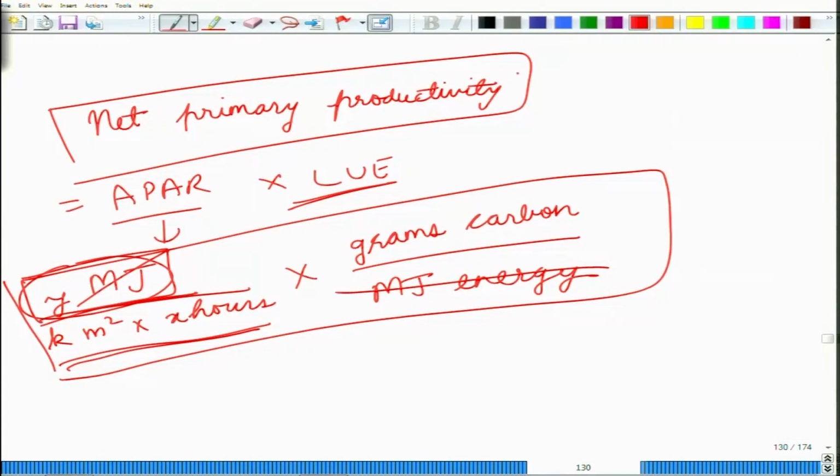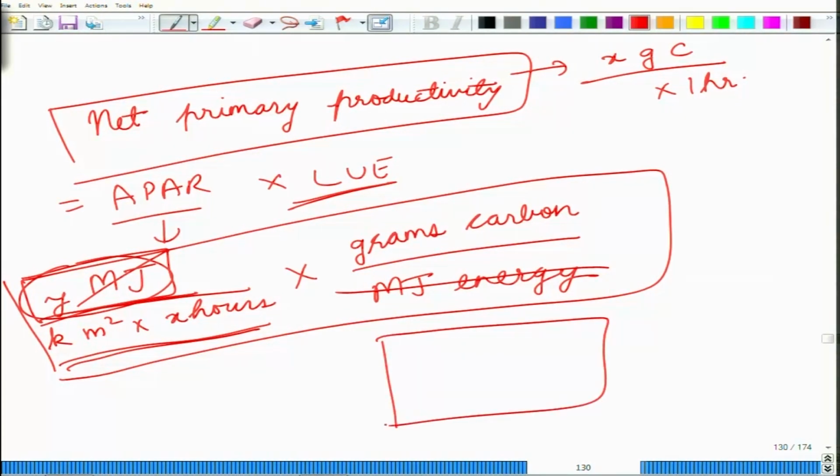So, net primary productivity we had defined as x grams of carbon that was generated per unit time, say in 1 hour. In the case of net primary productivity, we can define it for a forest or for any area, or we can define it per unit area.